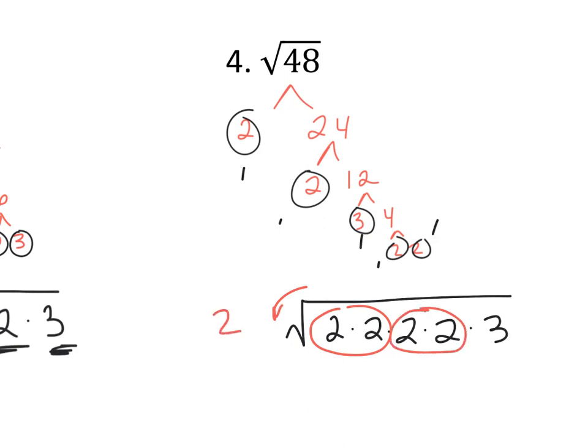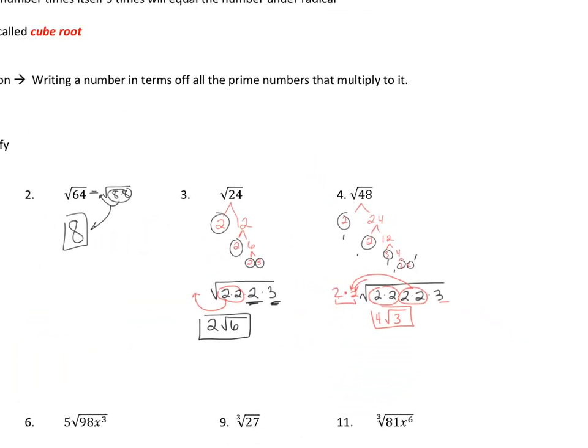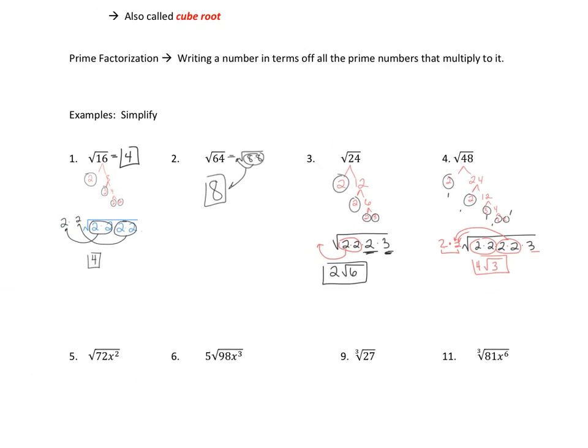Double on the inside, single on the outside. Left with a 3 on the inside. 2 times 2 is 4, and then I'm left with a 3. That's basically saying that the square root of 48 is equal to 4 square root 3, or 4 radical 3. That is the level of difficulty of questions that you're going to be expected to deal with.